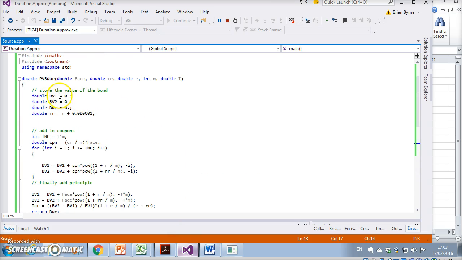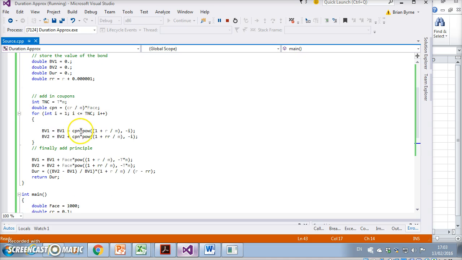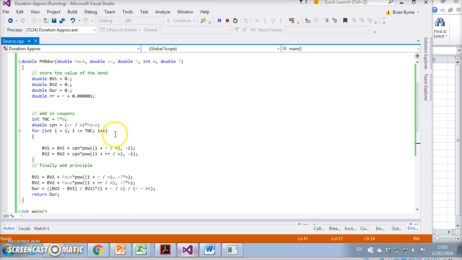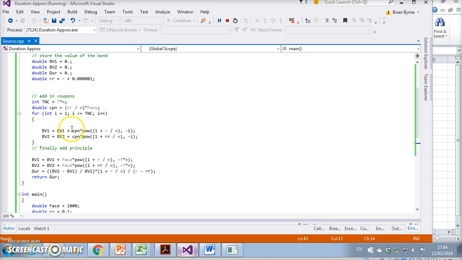So we start off, we set out two functions. So basically this is the same approach I had developed before. We set up a loop where we discount coupons at 1 plus the rate of interest divided by M, and the loop is for the number of I, which we say is equal to t times m.